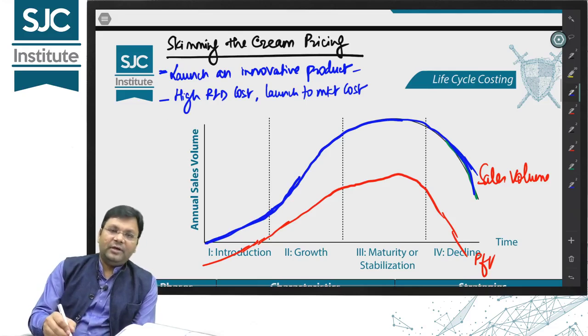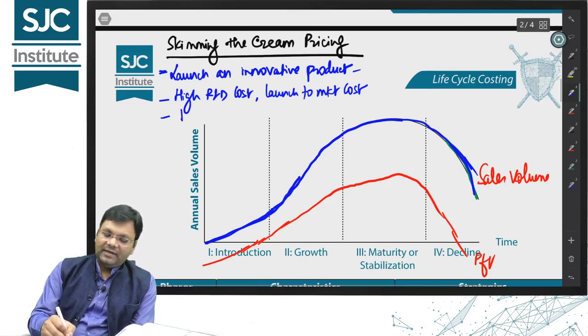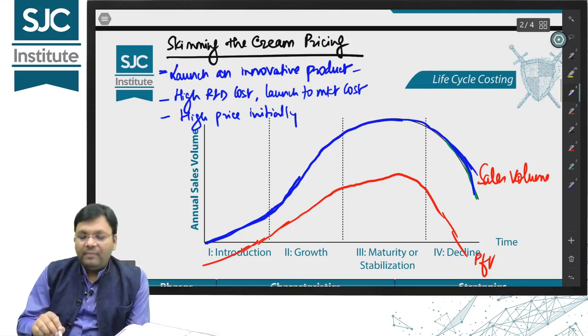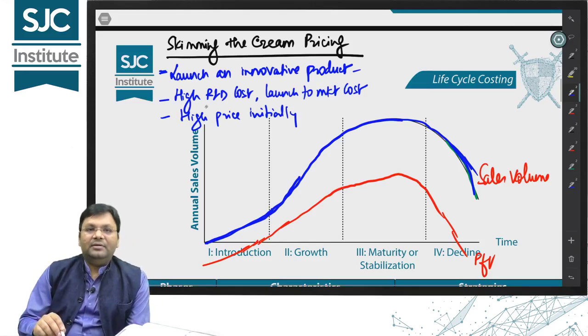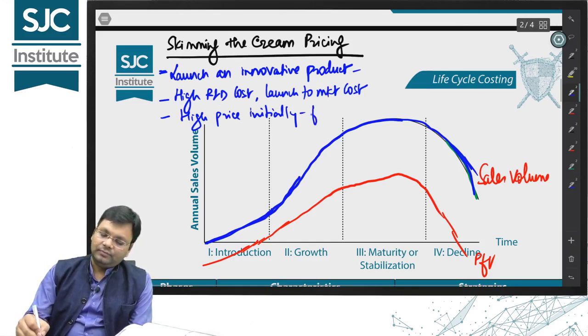So we launch at a very high price initially, in order to ensure that we recover our high R&D cost and launch to market cost from that specific volume launched at a high price.